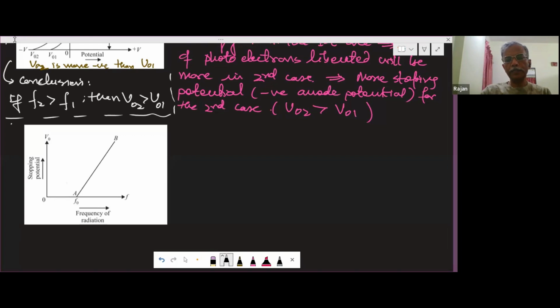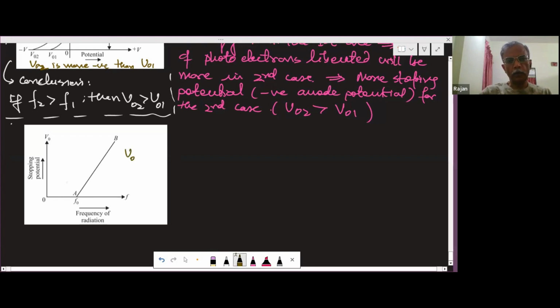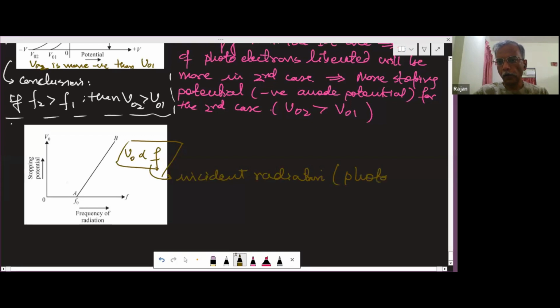And the more the frequency of the incident radiation, the more the stopping potential, as in the previous case, and they have a linear relation, right? So the last one, please note it down: V naught, the stopping potential, is directly proportional to the frequency of the incident radiation. I'm talking about the photon, correct? So please add on.